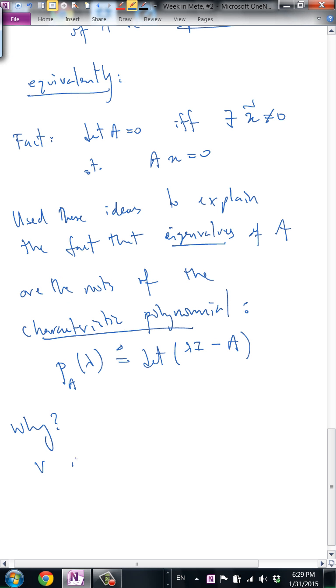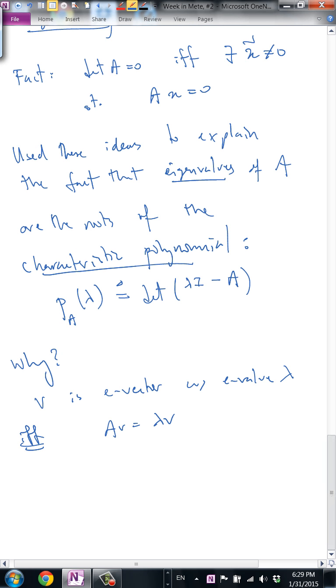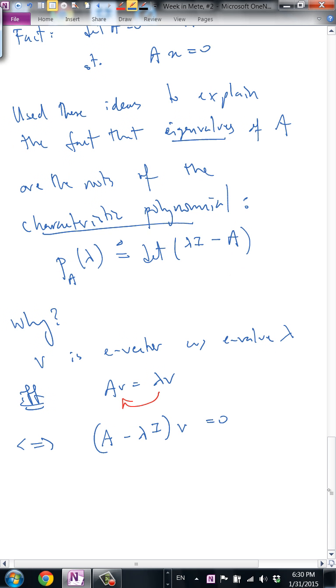So we know that v is an eigenvector with eigenvalue lambda exactly when Av is equal to lambda v, which is equivalent to saying that (A minus lambda times the identity) times v is equal to 0. Note, all that I did here is I brought lambda v over to the left, and I factored out a v from the right.